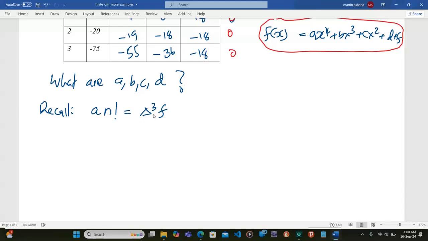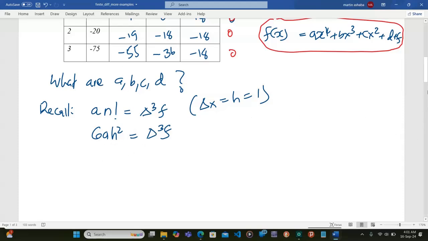But this formula works only and only if the change in x, or what we call the step size h, is equal to 1. Others can say actually it is 6a h squared equal to sigma, the third difference. So what is h here?